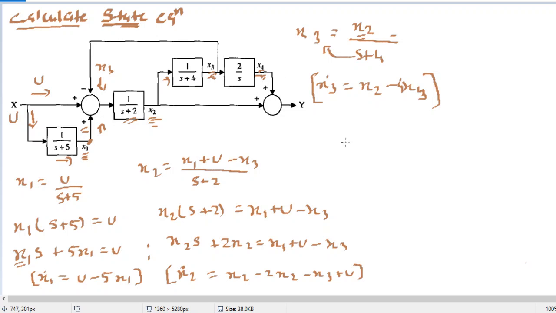Now the term x4 comes. What signal enters x4? x4 has only one signal, that is x3, with the multiplication of this block.